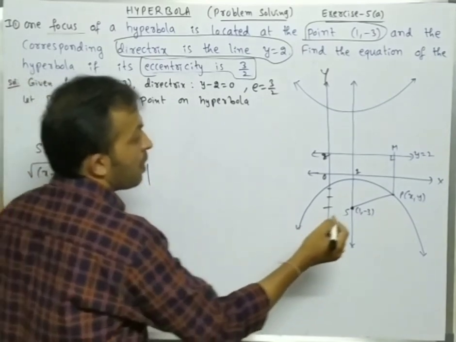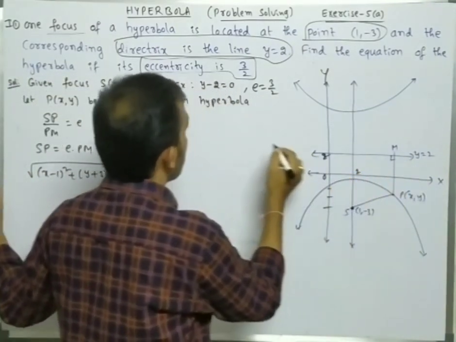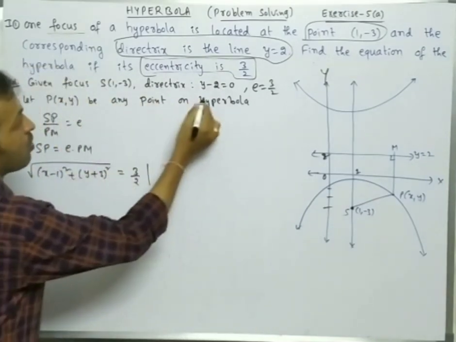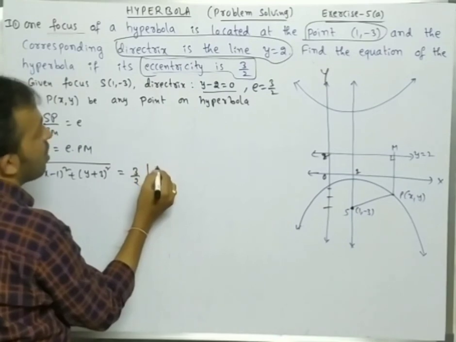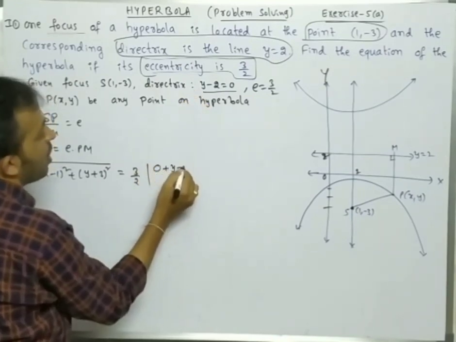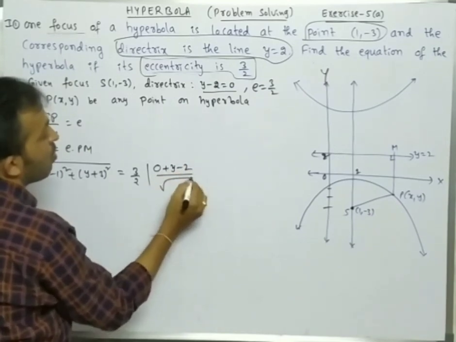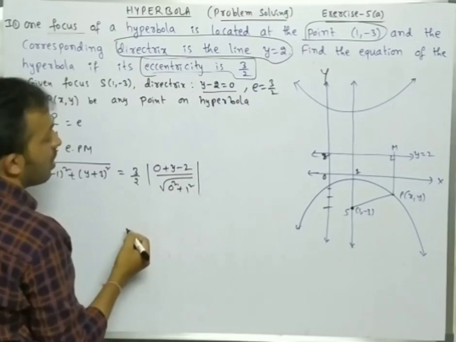PM is the perpendicular distance from (x, y) to the line. So what is that? There is no x coordinate, so 0 plus y - 2 over under root of 0 square plus 1 square, right?